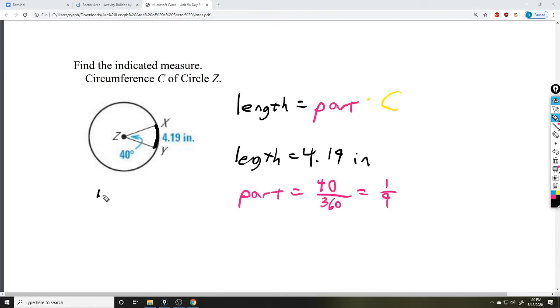Length is 4.19 equals our part, which is 1/9 of the circumference, of the total circumference, which is what we don't know yet. That's what we're trying to solve for. And so to solve for this, we have 1/9. So I've got a 9 on the bottom. I don't want a 9 on the bottom. So I'm going to multiply by 9 on both sides to get rid of the fraction.